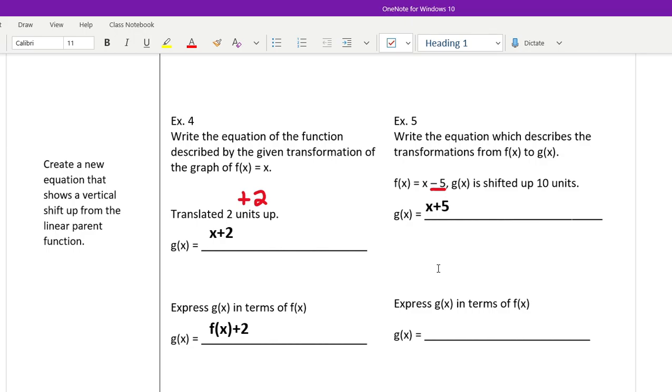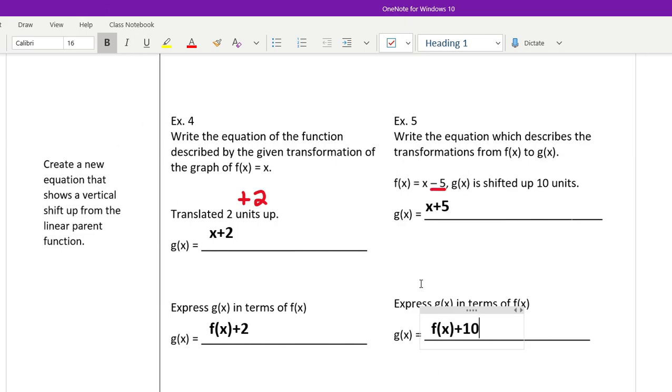Now this changes how we express g of x in terms of f of x. When we look at f of x, we are only shifting it up 10 units. So this will still show that we're taking our f of x and we are adding 10 to that value.